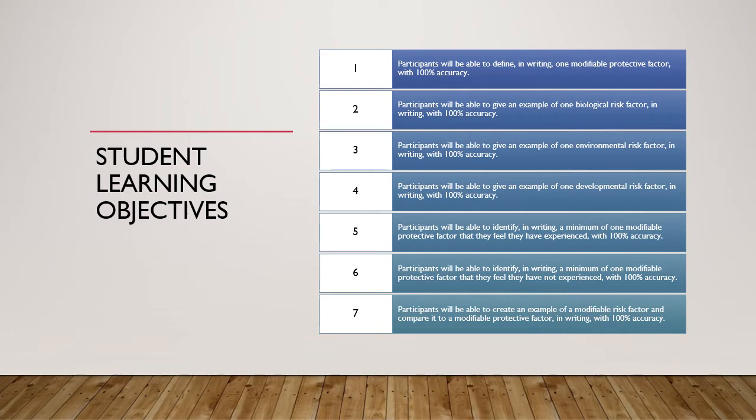Following that, our next student learning objective is participants will be able to identify in writing a minimum of one modifiable protective factor that they feel they have not experienced with 100% accuracy. And then our last student learning objective, number 7, is participants will be able to create an example of a modifiable risk factor and then compare it to a modifiable protective factor in writing with 100% accuracy.